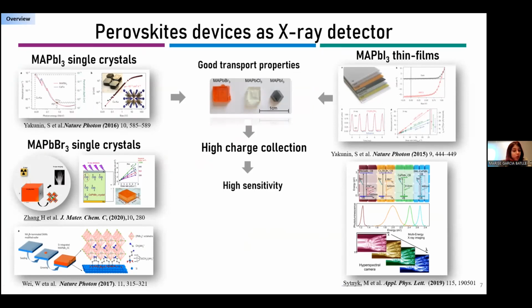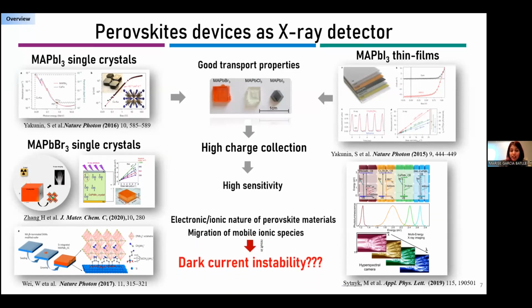But of course, not all that glitters is gold. Perovskite is a mixed ionic-electronic semiconductor, and the mixed ionic-electronic nature of these materials and the migration of mobile ionic species may generate dark current instability.